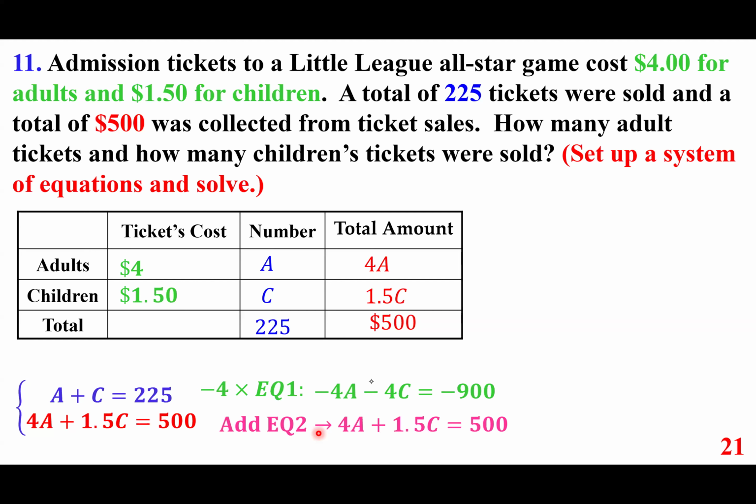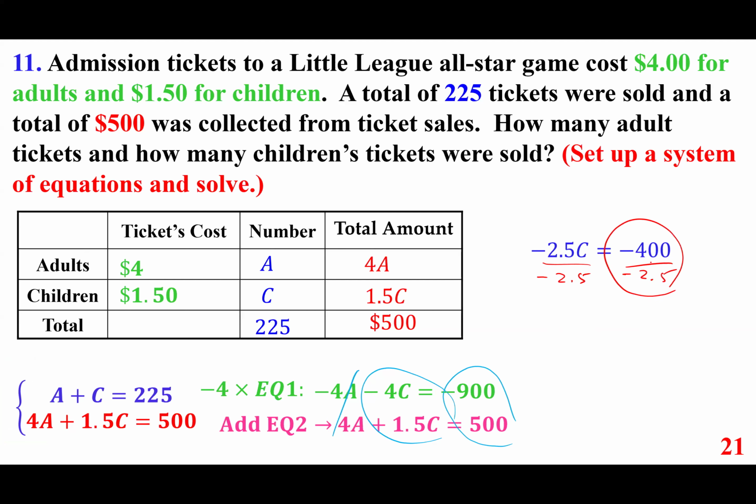So what happens? If you add them up, these two cancel each other. These two, negative 2.5C, these two, negative 400. Negative 2.5.